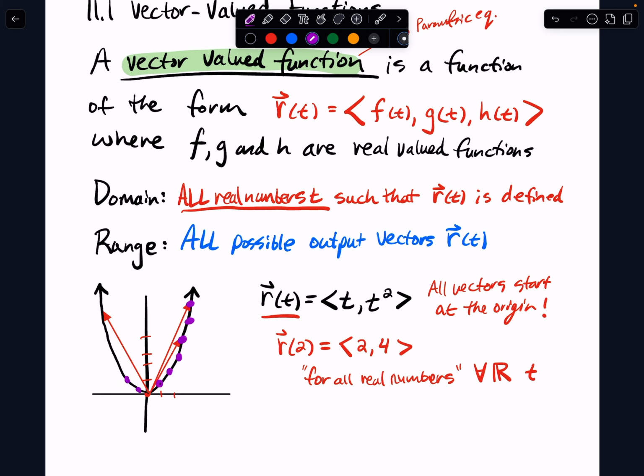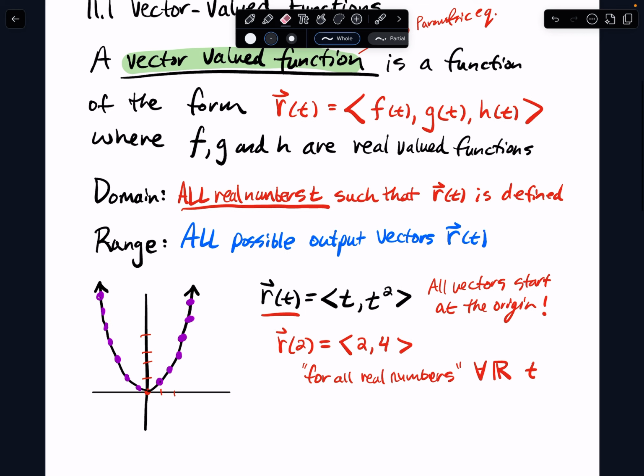And so that's what makes this curve here. These are all the endpoints, the terminal points of the vectors r of t. So you don't plot all the vectors, you just look at the endpoints, the terminal points of r of t, okay? So that's the idea.